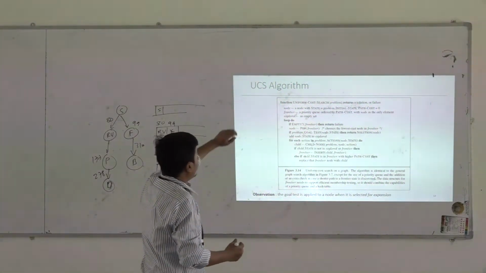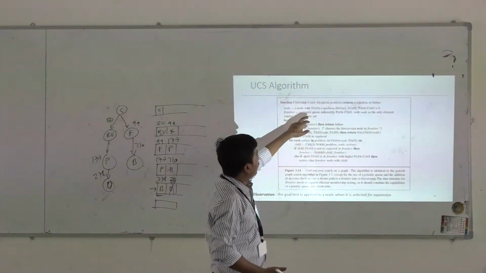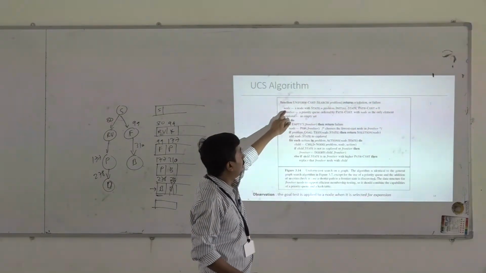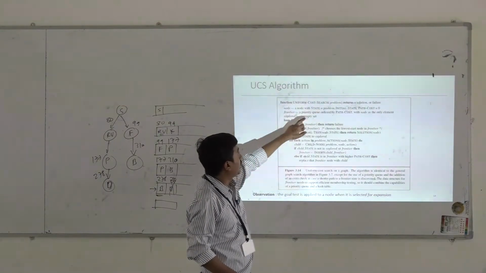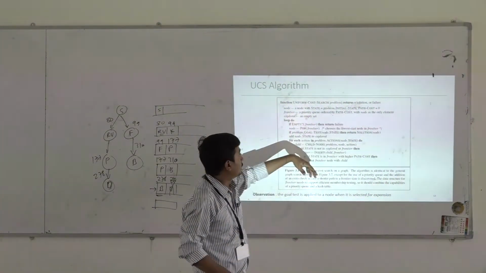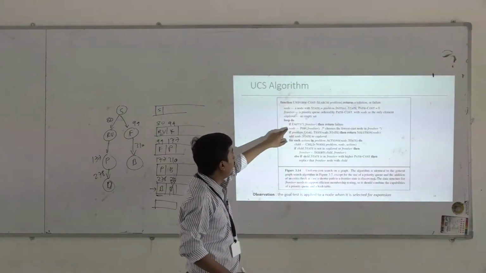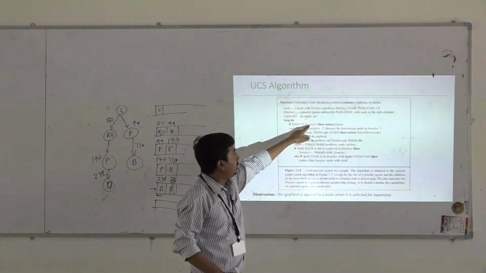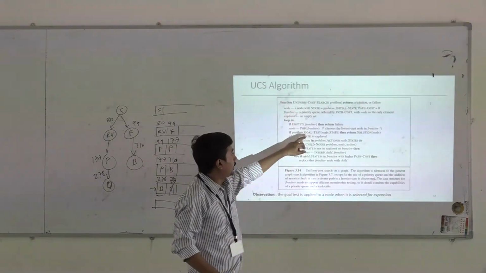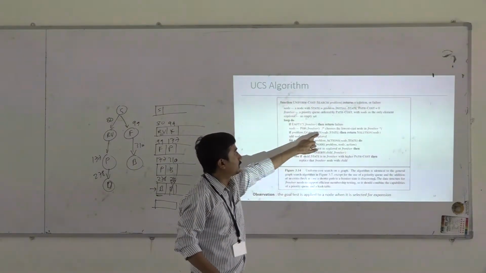It is just like a DFS algorithm. Your initial state will be your node, path cost will be 0, frontier as a priority queue ordered by path cost, and explored will be empty initially. If frontier is empty, return failure. You pop the first node and apply the goal test on that node.